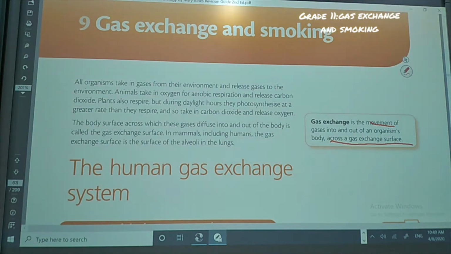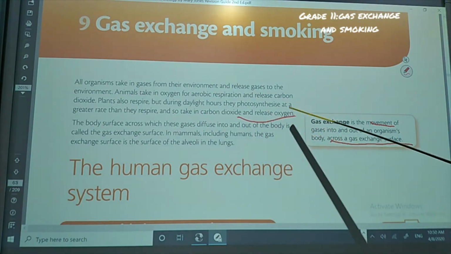So we know that animals take in oxygen for aerobic respiration, right? And they release CO2. Plants also respire, but during daylight hours, they photosynthesize at a greater rate than they respire. And so they take in CO2 and release oxygen.